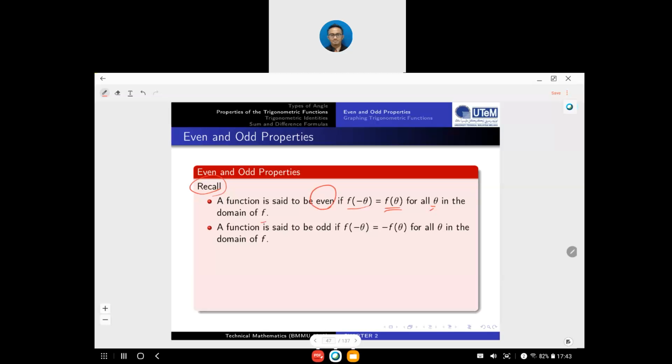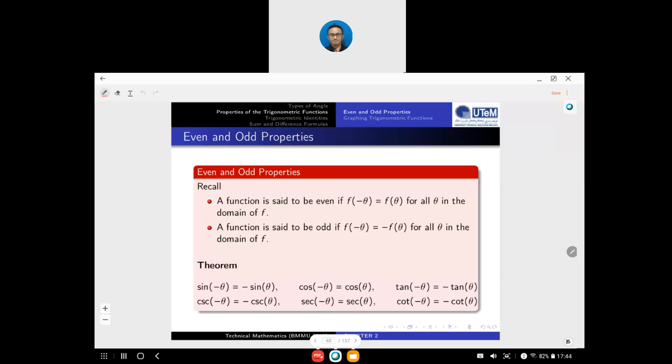For an odd function, if you find f of negative theta, you get negative f of theta. So this one is odd.